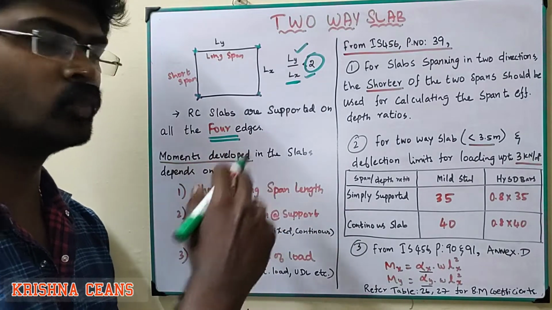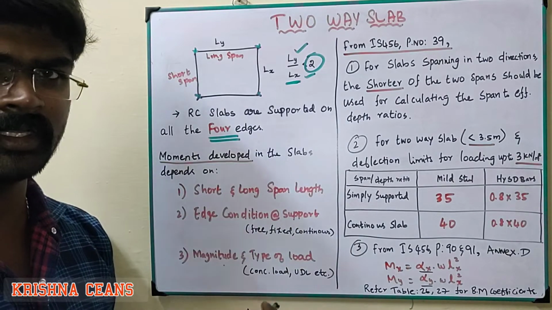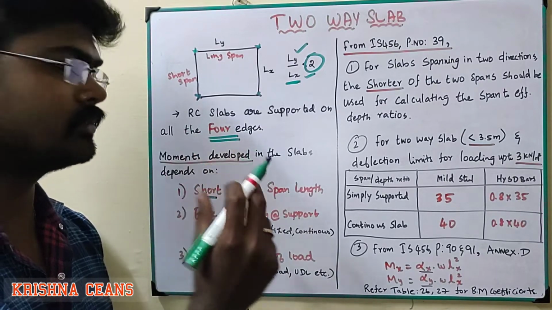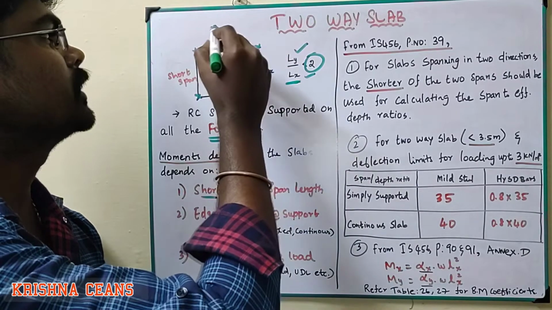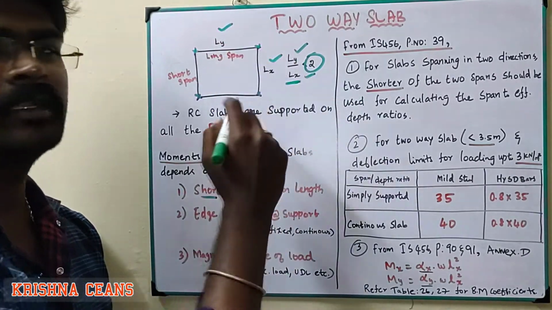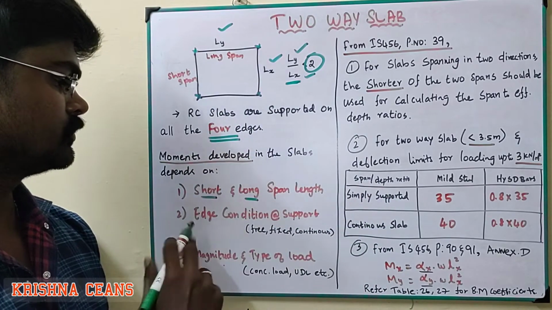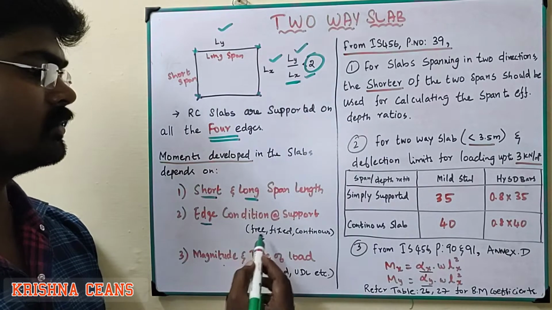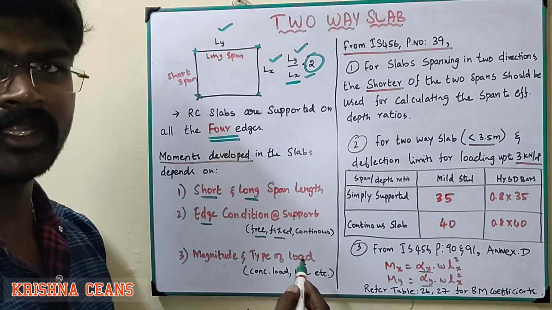For the two-way slab, the moments developed in the slab depend on the following conditions. Number 1, it depends upon the shorter span length as well as the longer span length. So this is the longer span, this is the shorter span. Depending upon the length, the moment developed will vary. Then edge conditions. The edges are supported, either free, or fixed, or continuous.